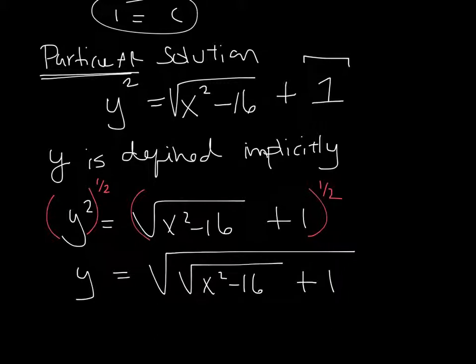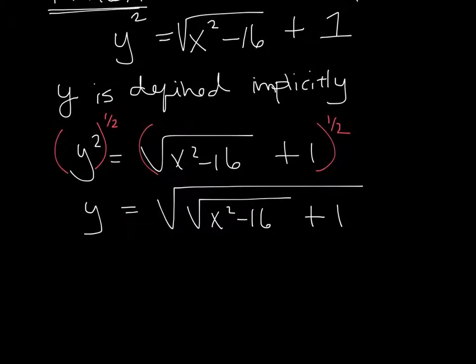And when you take the square root of both sides of an equation, you have to write the plus or minus. So either y is equal to plus whatever this expression is in x, or y equals minus this expression.